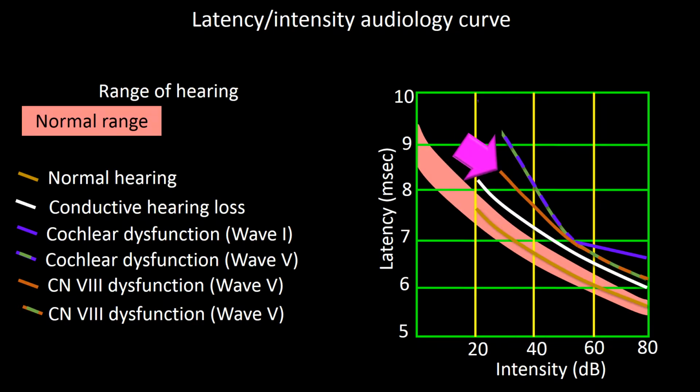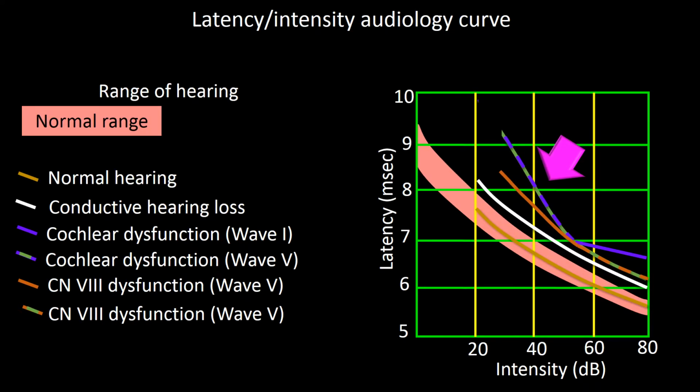The brown line shows some improvement with increased sound intensity. This is characteristic of cranial nerve 8 deficit. The combined olive, green, and violet lines are characteristic of cochlear deficit.